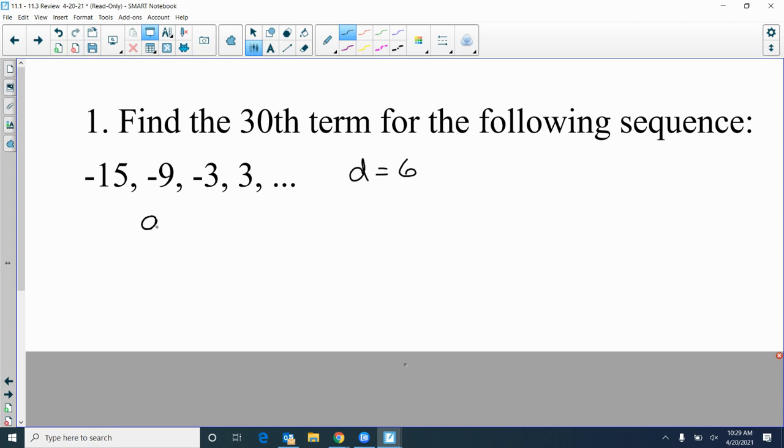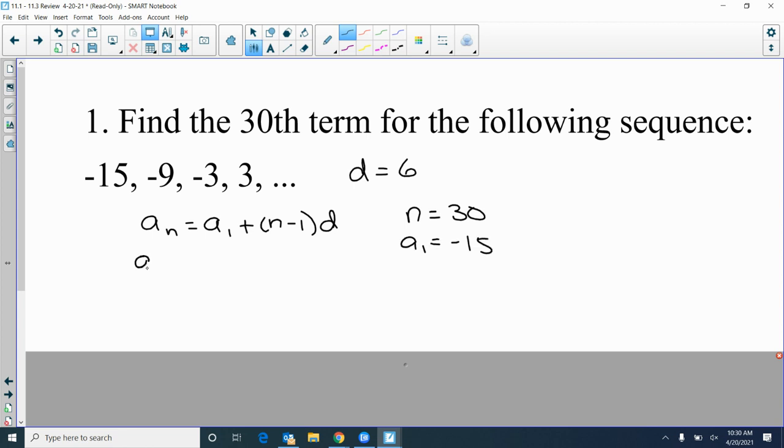So A sub n equals A sub 1 plus n minus 1 times D. And we want the 30th term. So that means n equals 30. We know the first term is negative 15, and we know D is 6.